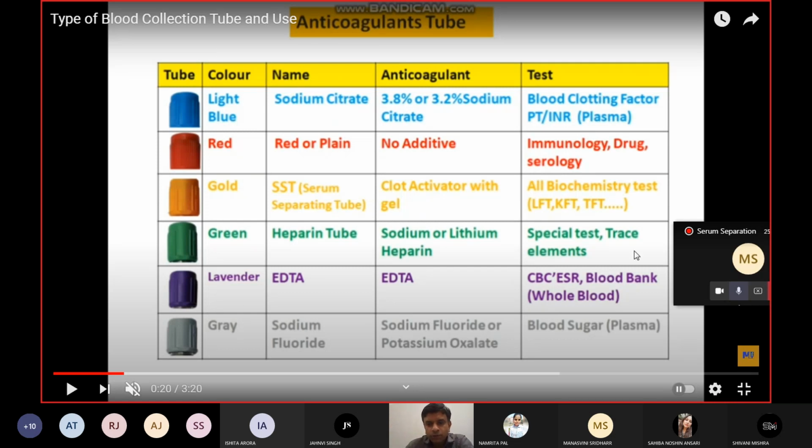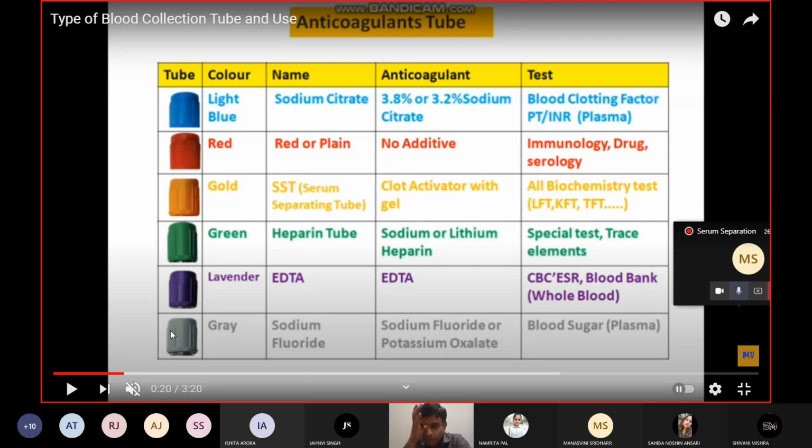For different kinds of tests, like this green vial, it contains heparin. It is used for some special tests to identify trace elements. There is a lavender tube, for blood bank tests, ESR and these kinds of tests. And if you have to test blood sugar, your sample will be put in a gray vial.